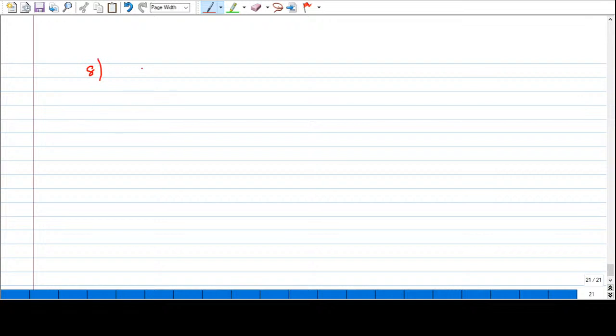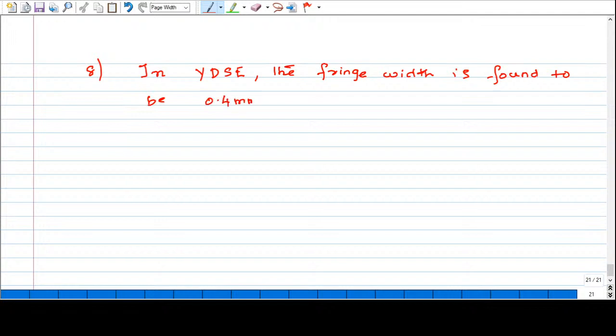So in YDSE experiment, the fringe width is found to be 0.4 mm.